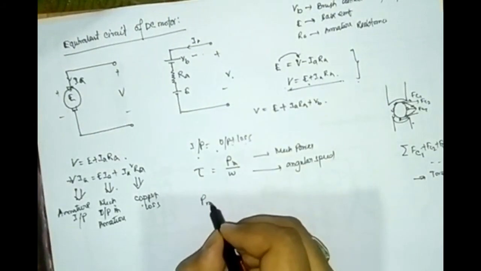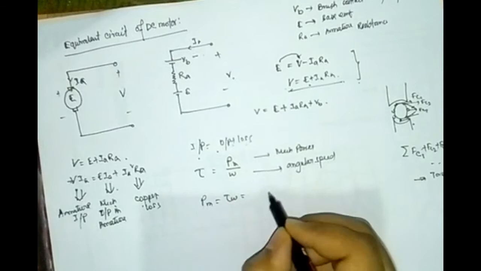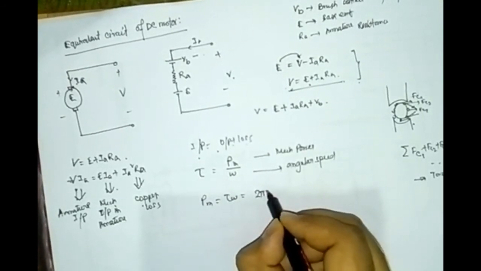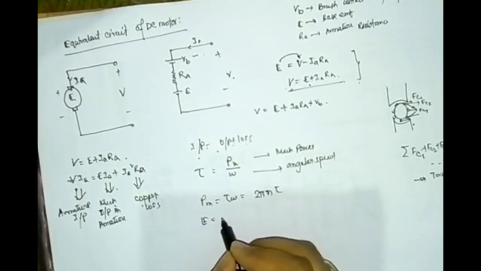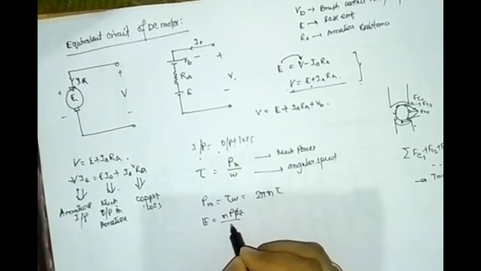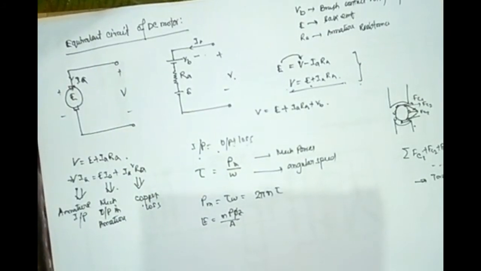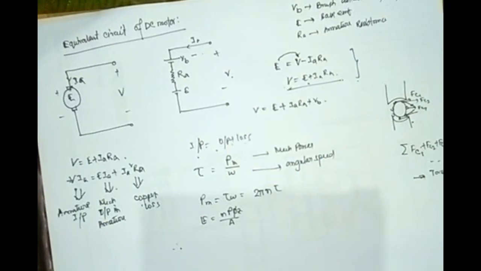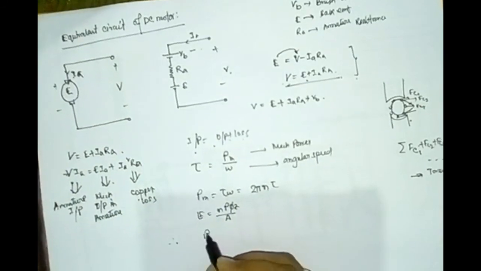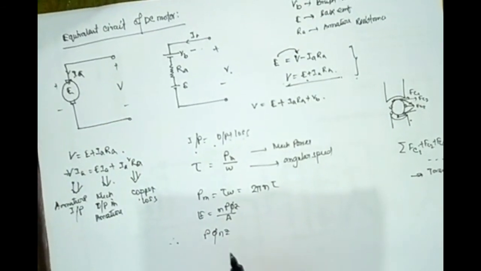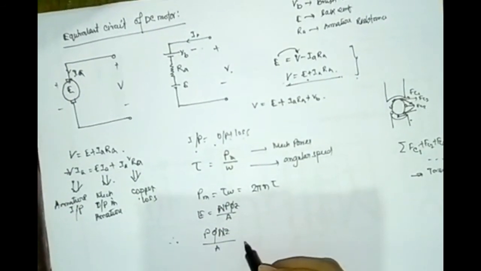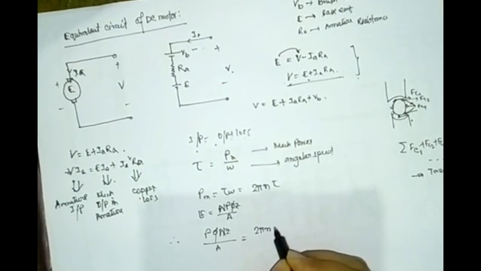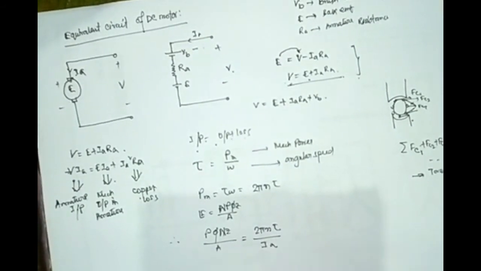So Pm is equal to omega into tau, or omega is 2 pi N, into tau, and E is equal to P phi N Z by A. Here N will be in capital, so N Z by A is equal to 2 pi N tau by IA.